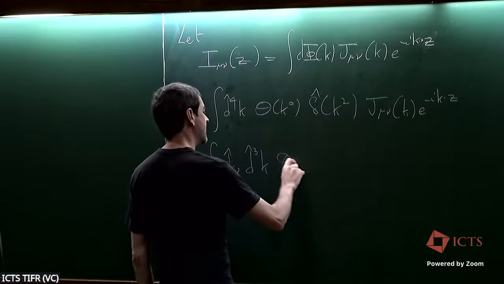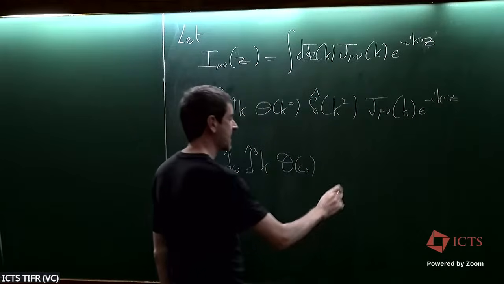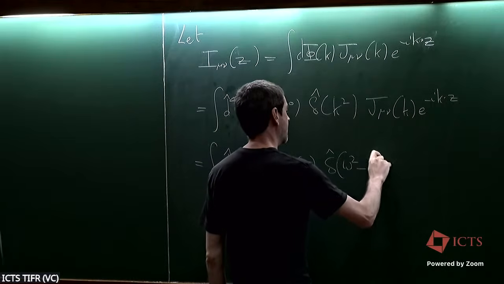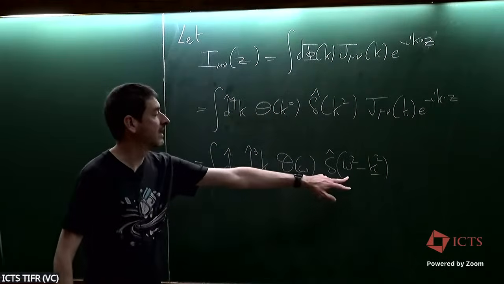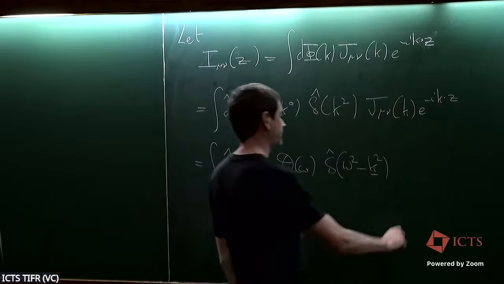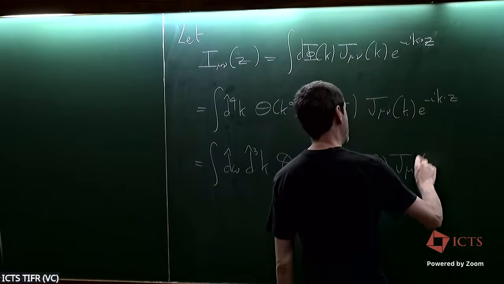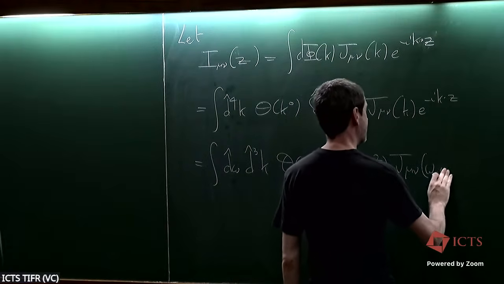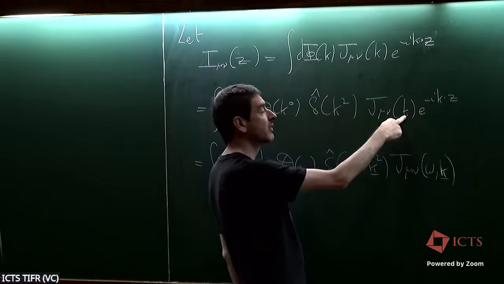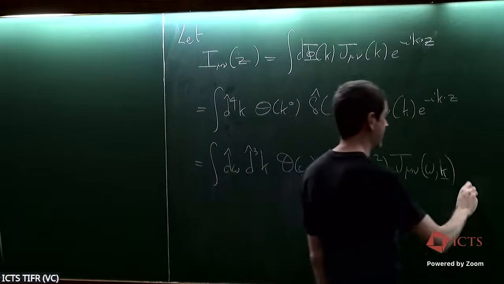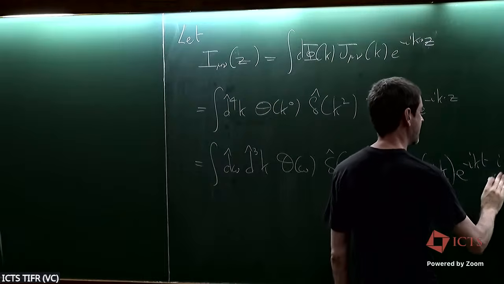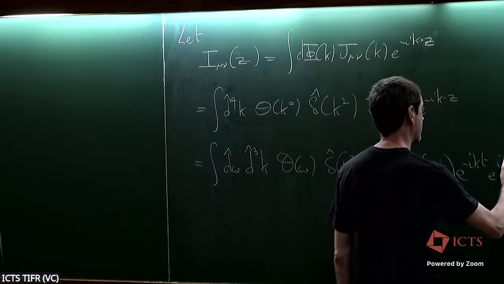The theta function is now just a frequency space theta function. This delta hat is setting the norm of the three-dimensional vector k squared equal to omega squared. We'll have j mu nu now as a function of omega and k vector. That was k mu, the four components of k; here I'm breaking that up: e to the minus I omega t, e to the plus I k dot z, the vector components.